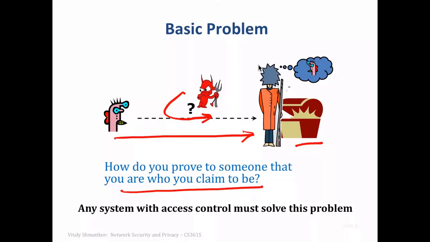Now, can you think of scenarios where access control is required for you? Give me some examples. Use of ID and passwords. ID and password for a system, but a real life scenario? ID cards like Aadhaar or PAN card.